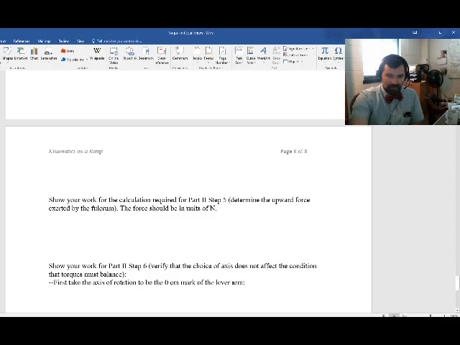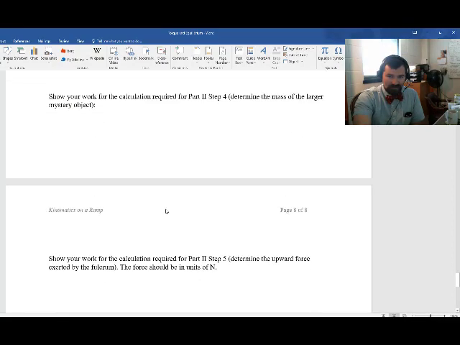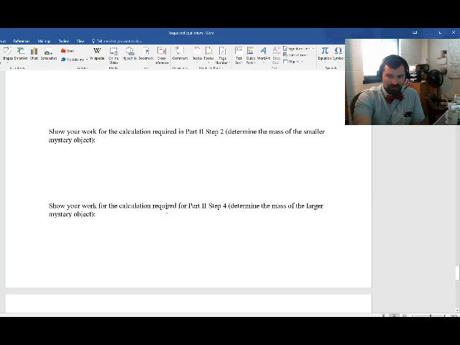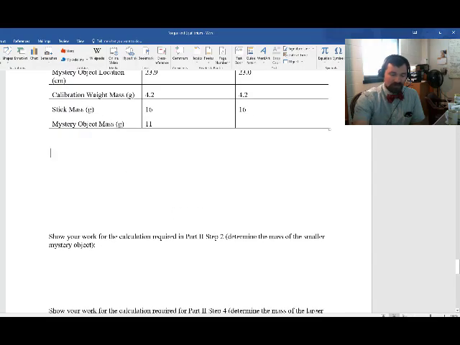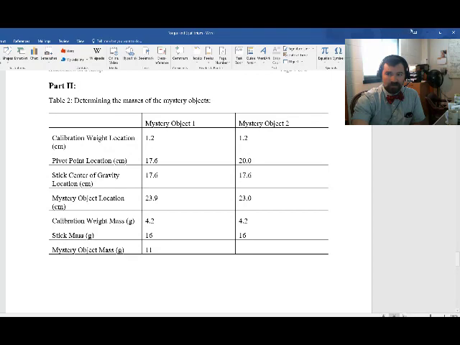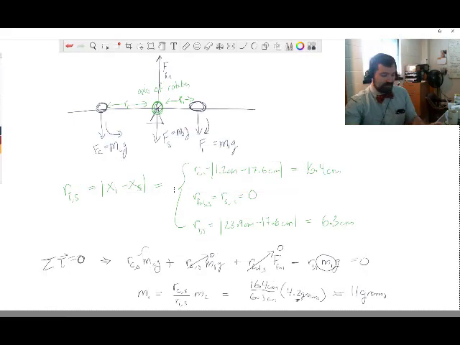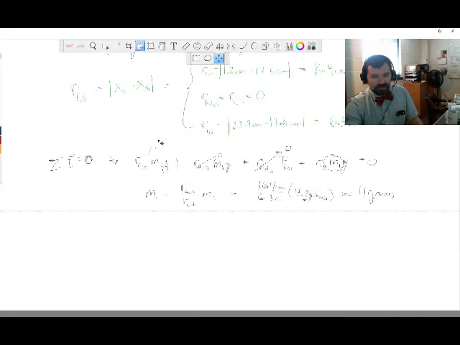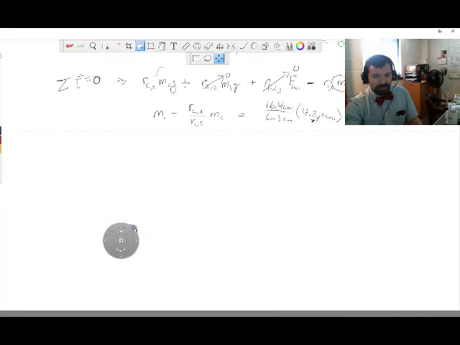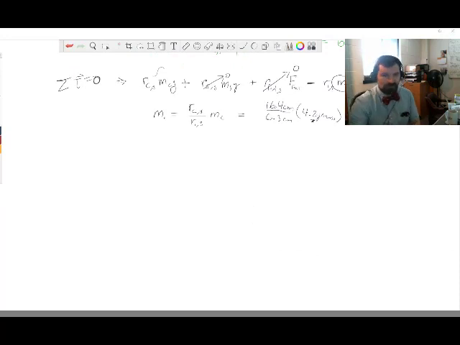It wants to know what's the upward force from the fulcrum. Really that's pertinent for the larger one, but you could in principle do that for the smaller mass as well. You do it the same way as we did before, which is that you say that the sum of forces acting on the stick must now be equal to 0.